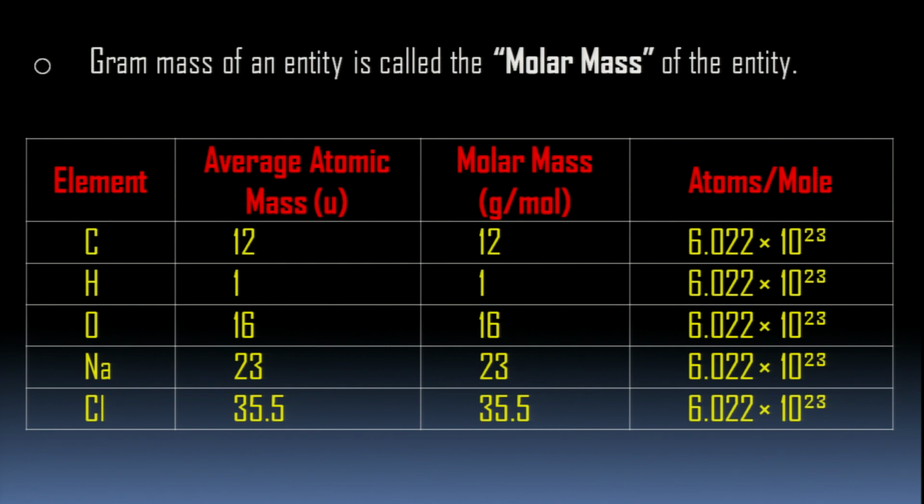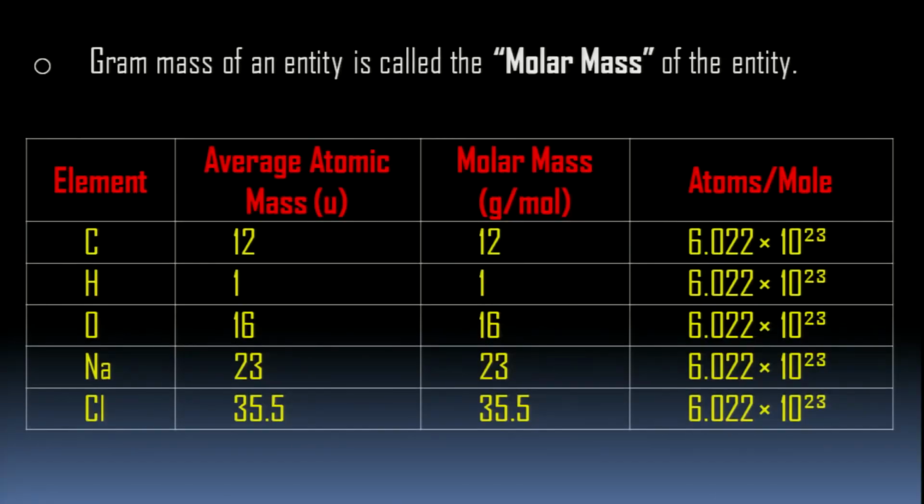Okay, if carbon has average atomic mass 12, its molar mass becomes 12 grams. 1 mole of carbon means 12 grams of carbon. It contains how many atoms? 6.022 × 10^23 number of atoms. Similarly, hydrogen.